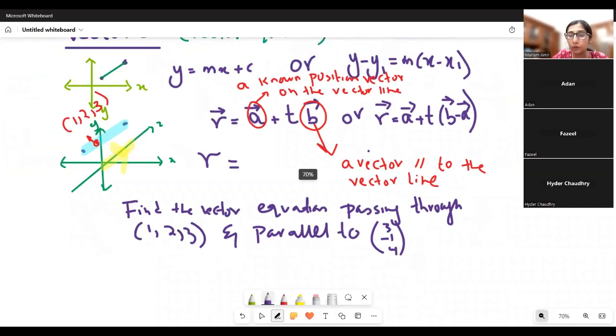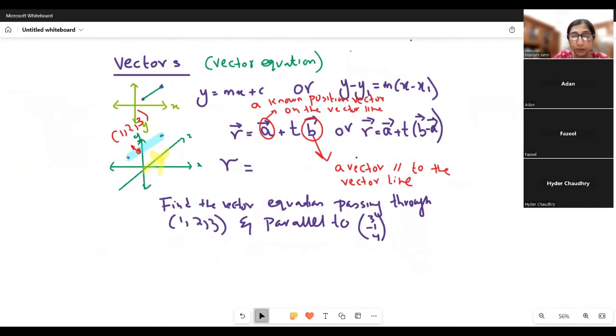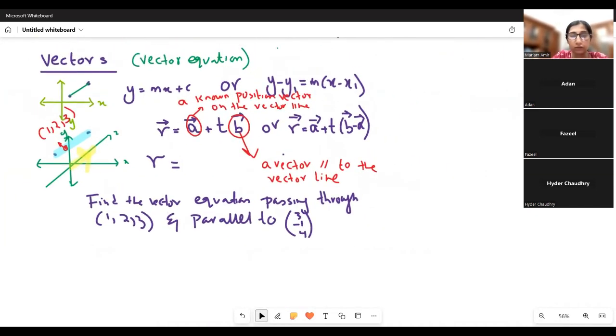So who can tell me what's going to be our vector equation in this case? We know one point on the vector and another vector that is parallel to it. So how do we find the vector equation in this case? I'm assuming you guys know and are just being shy.